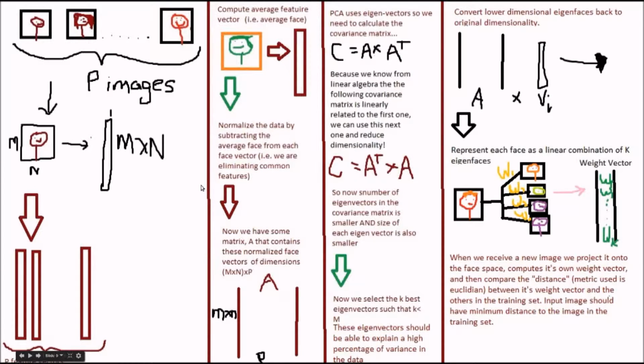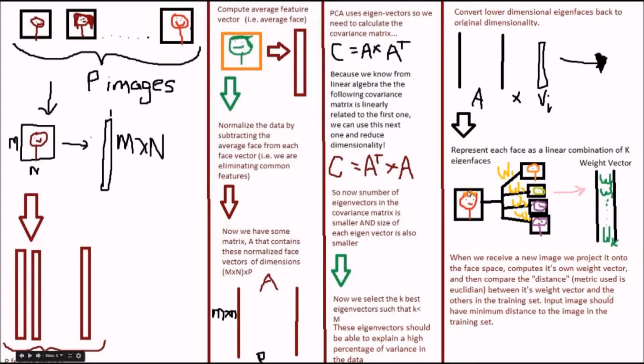So if you see here, if you have this training set consisting of P images, there are a bunch of steps here, but basically what it boils down to is you want to represent each image in the training set by a linear combination of these things called eigenfaces.